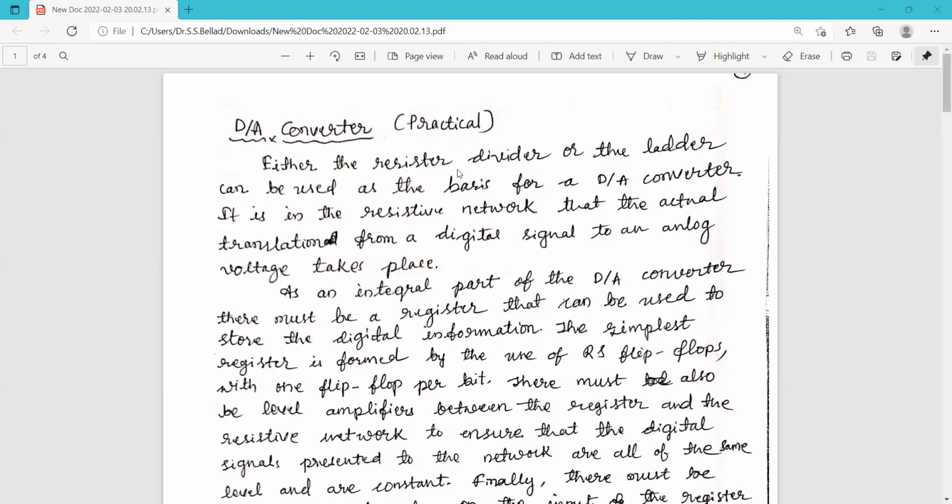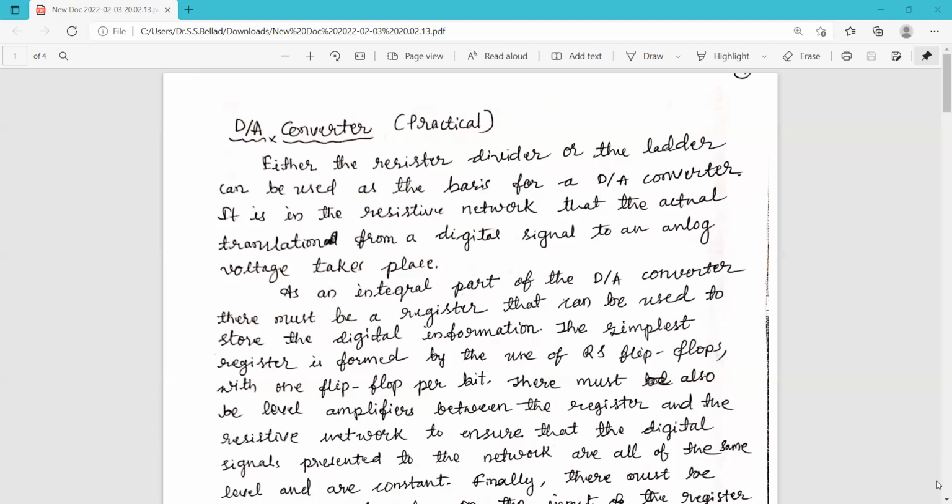So either the resistive divider or the ladder type of network can be used as a basis for the digital to analog conversion. It is in the resistive network that the actual translation from a digital signal to an analog signal or analog voltage takes place.